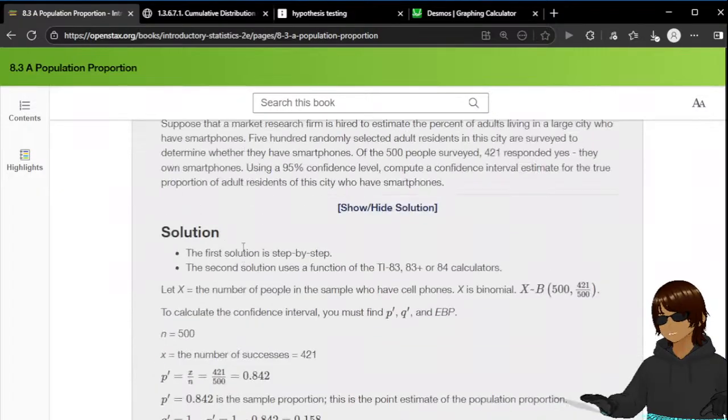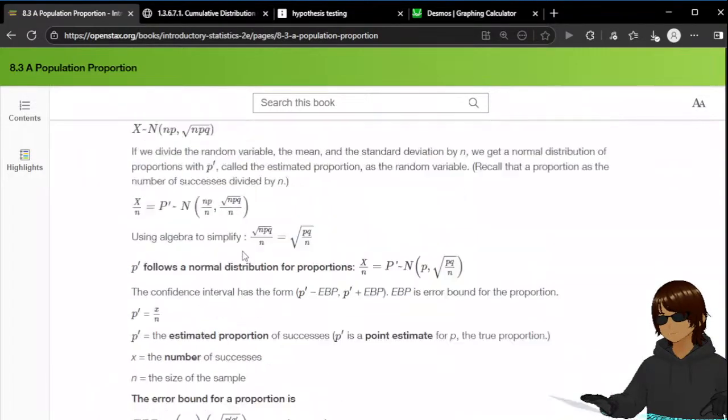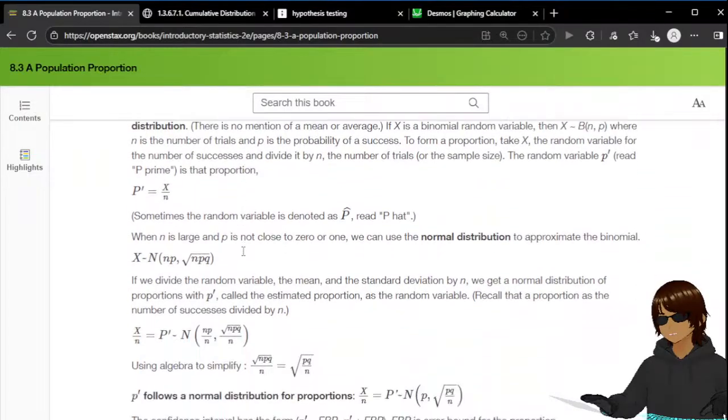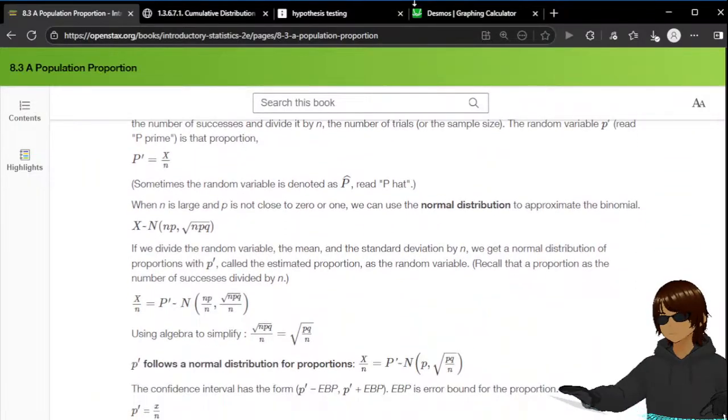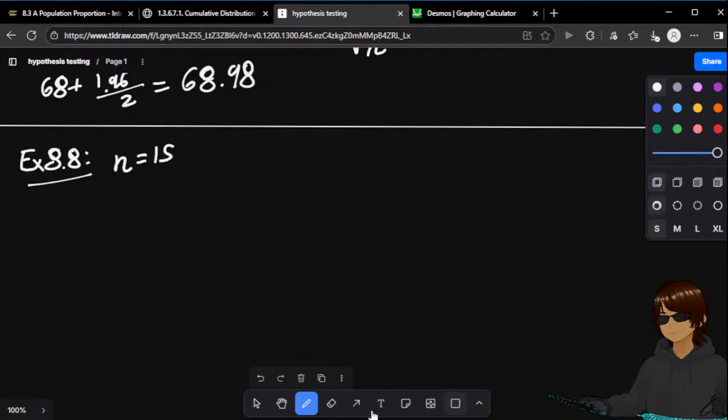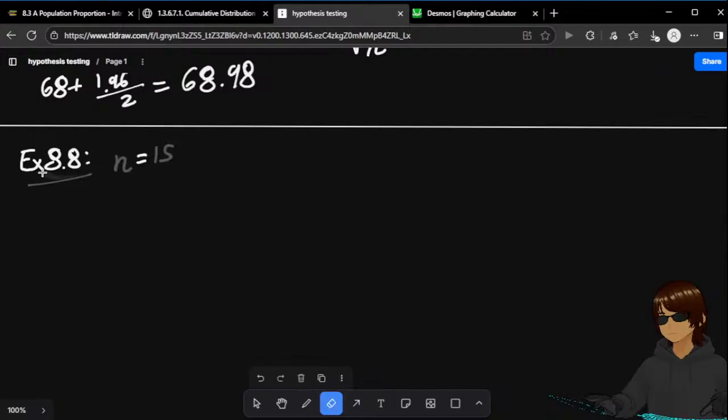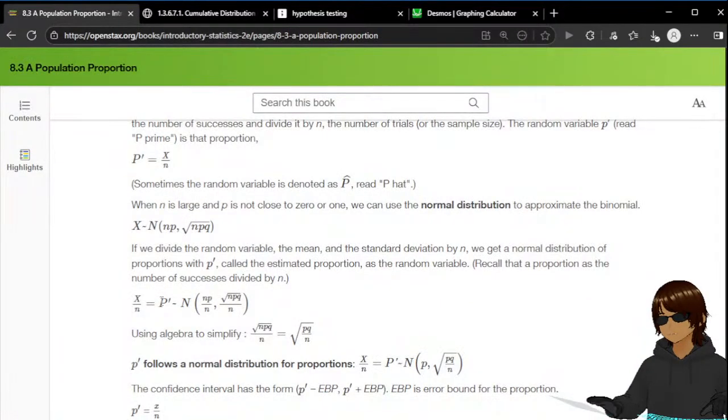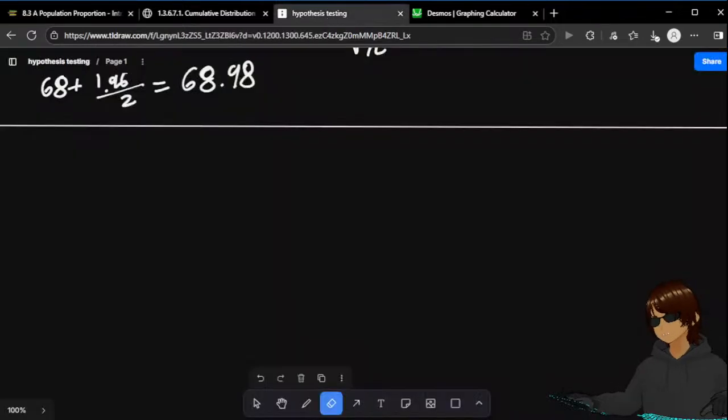So first of all, we need to find the population proportion.